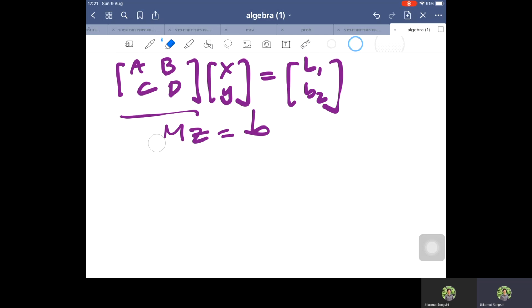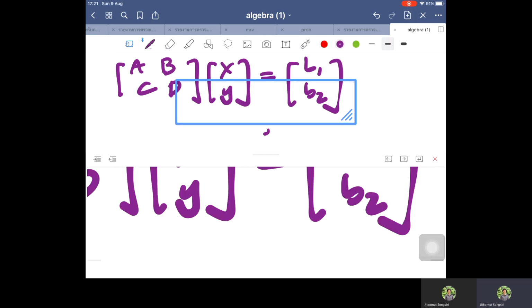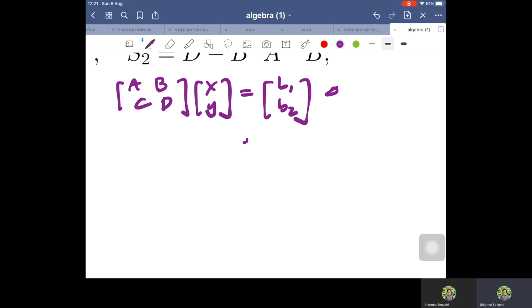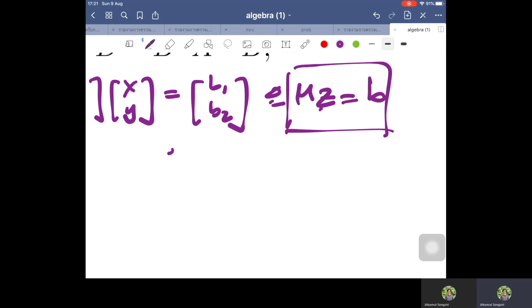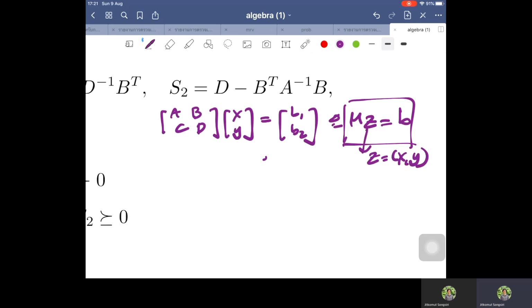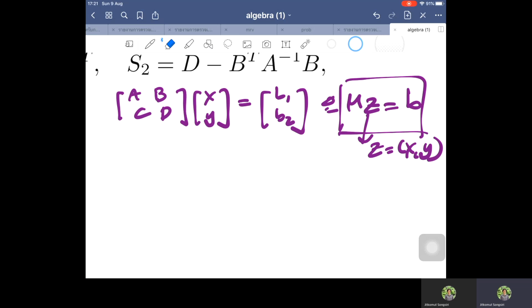But of course, hold on. This is the same as solving the whole matrix at once: MZ equals B, where Z is the vector that contains two partitions, X and Y. If you write it down, A, B, C, D are blocks of matrices.